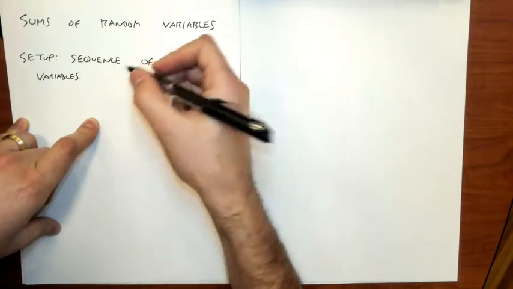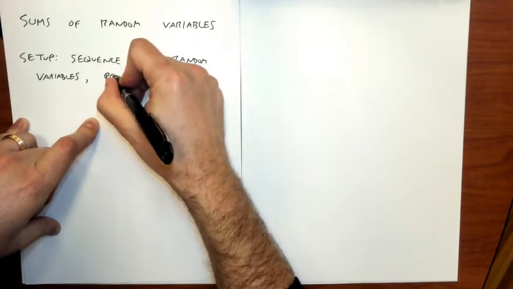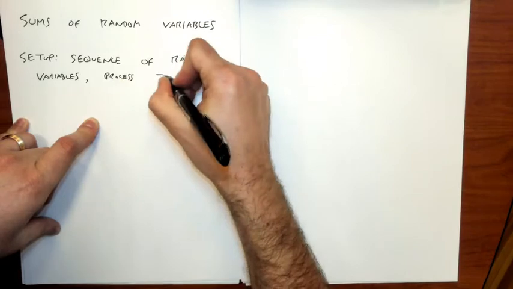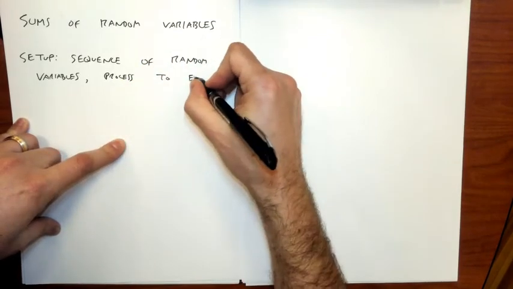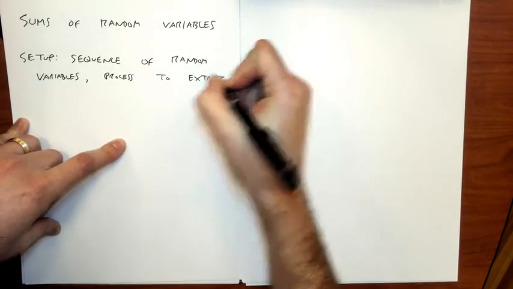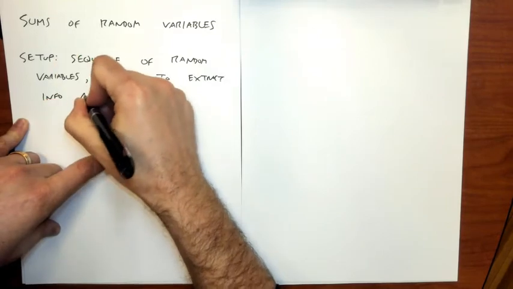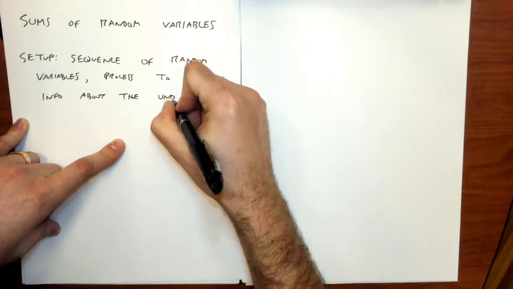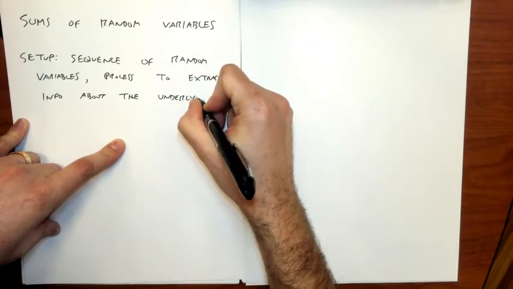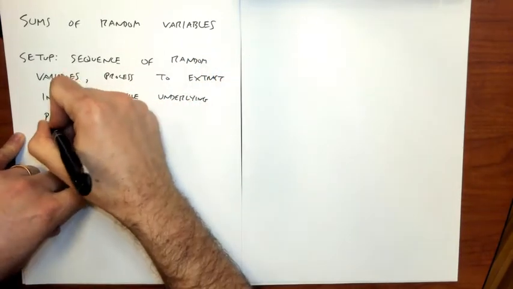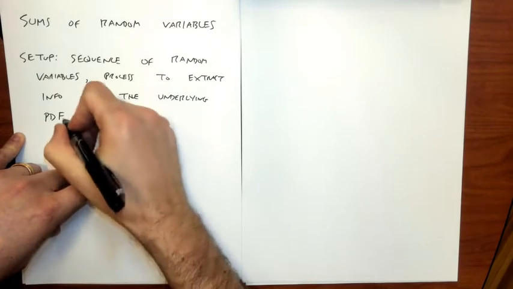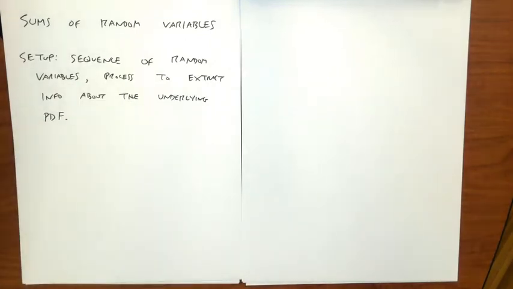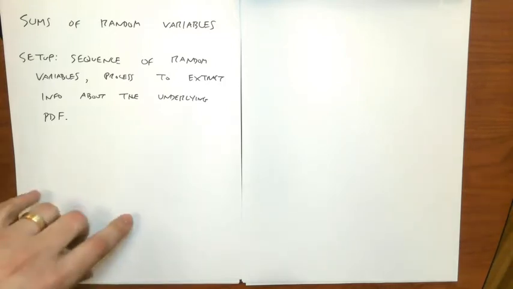And then we want to process these to kind of extract information about, for example, the underlying random process that produced them. For example, the underlying PDF, okay? And so the easiest way to do this is by looking at things like the mean of these random variables or the sum of these random variables.